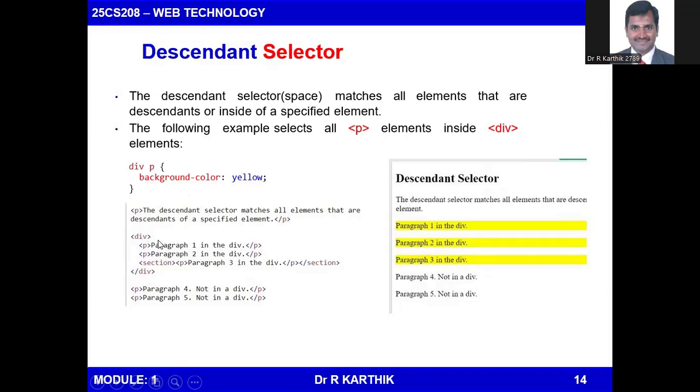For the division tag alone, we have set the background color. The remaining paragraphs 4 and 5 are not part of the division. Then you can see on the right-hand side, the output screen. The first 3 alone are marked yellow. The remaining 2 are not part of the division, so by default they print in black color.